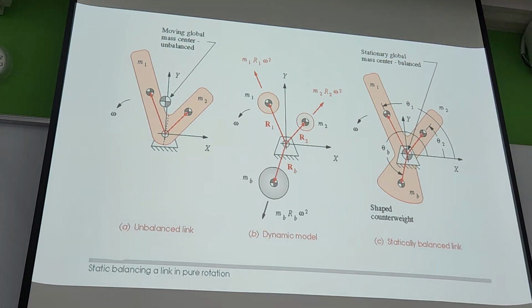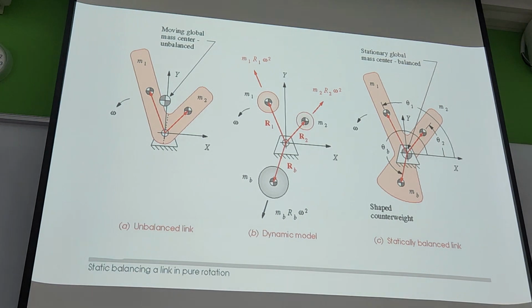Now you are having a balancing mass at a balancing distance, so that the total force acting on the system is 0. How we can do this balancing is, just calculate the forces acting on each link, and make sure the sum of the forces will be 0.